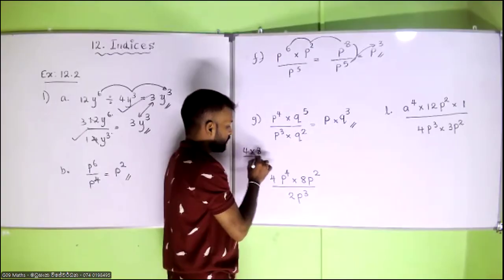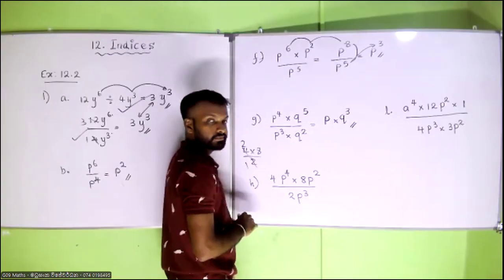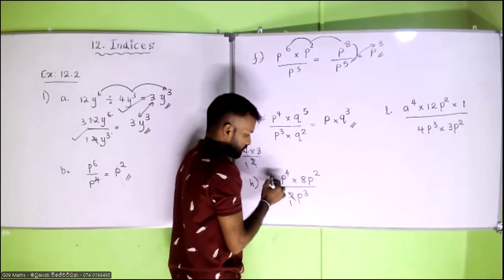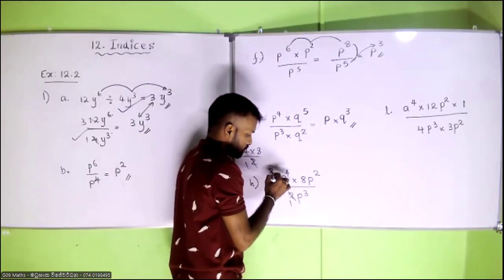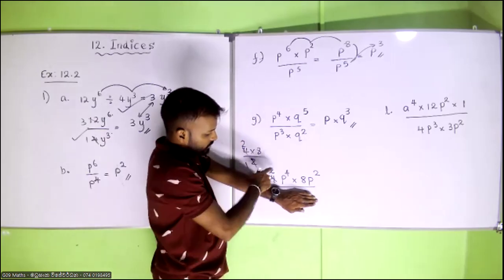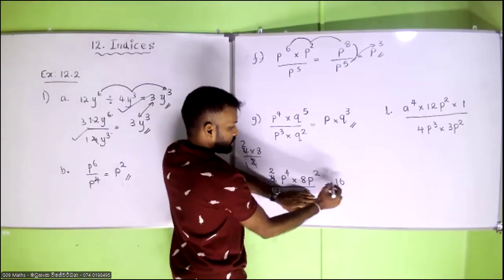4 times 8 divided by 2. 2 times 1, 2 times 2. Got it? Numerator 2 times 8, 16.